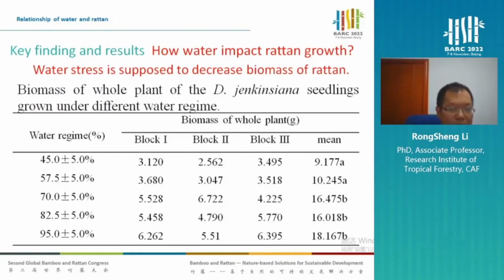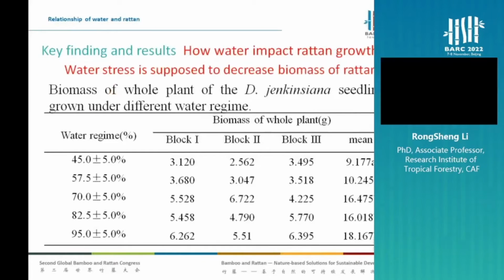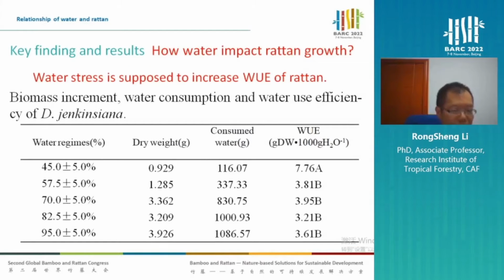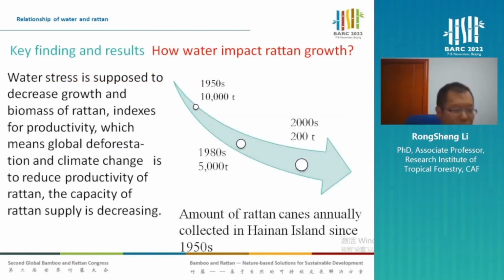However, water use efficiency increased significantly for seedlings grown in soil moisture content of 45% of saturated moisture content and other treatments. Given the decrement of rattan growth by water stress, it infers that global deforestation and climate change reduce productivity of rattan. The capacity of rattan supply is decreasing.